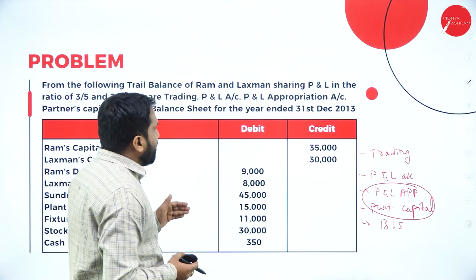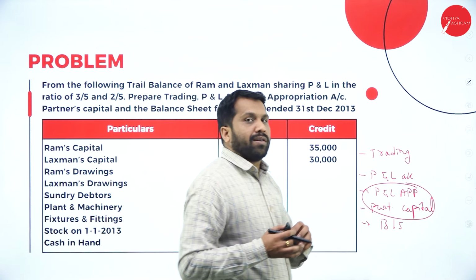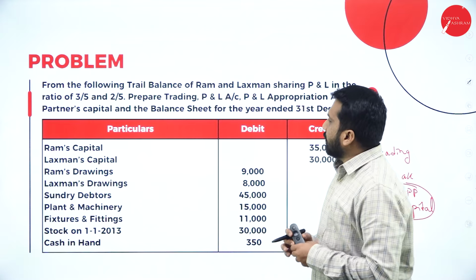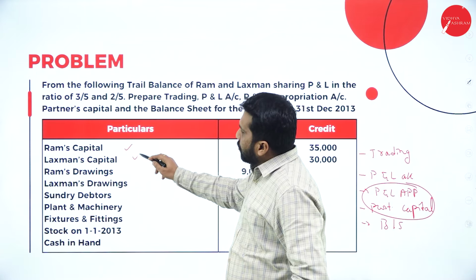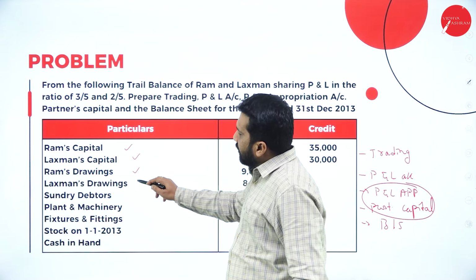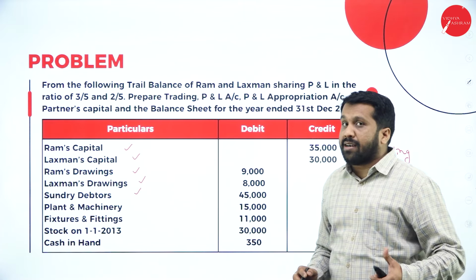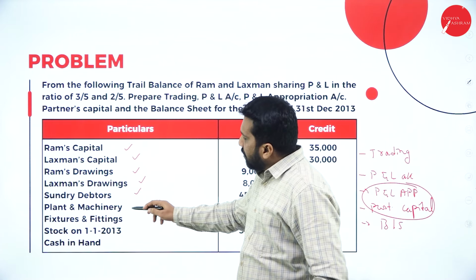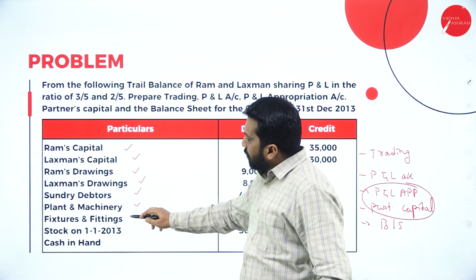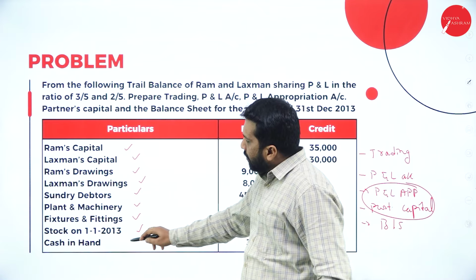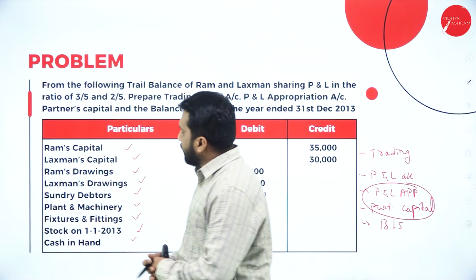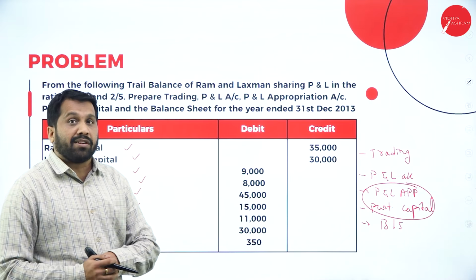Now we'll go with the trial balance. We'll go one by one, which goes where. You have capital, Lakshman capital, drawings, Lakshman drawing, sundry debtors, all your balance sheet items, debtors and all. Plant and machinery, fixture and fittings, stock, cash in hand. Almost everything is a balance sheet item except stock.